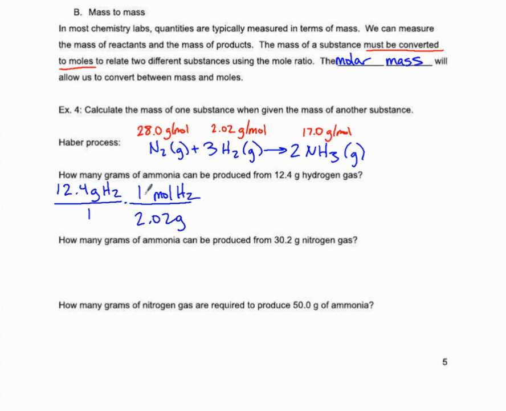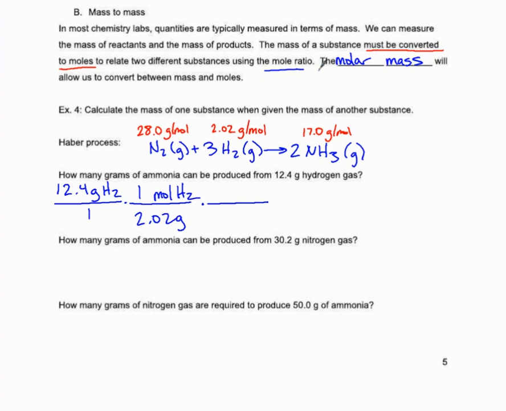This is unrelated to the mole ratio, and it is unrelated to the coefficients in the equation. At this point, we have our units in terms of moles. Remember, we have to convert to moles first, and then we can use the mole ratio.